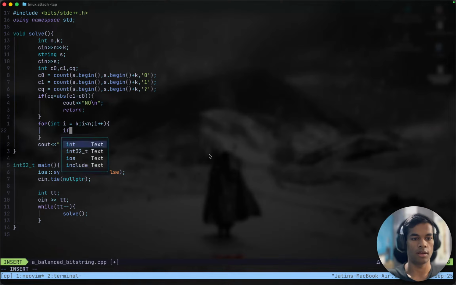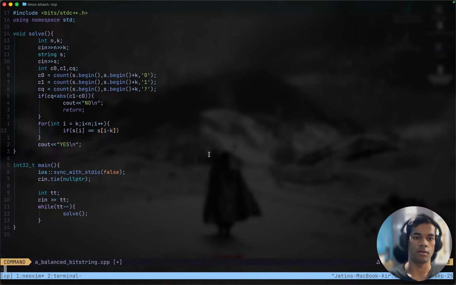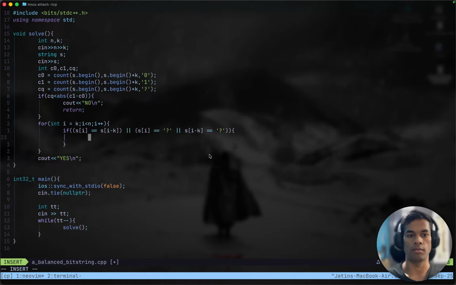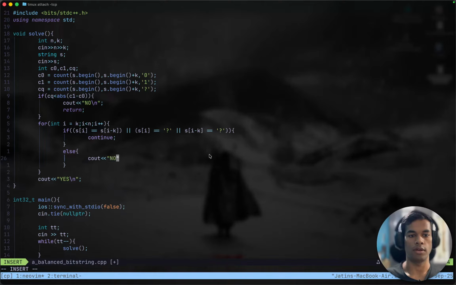And then subsequently, if si equals si minus k, or si equals question mark, or si minus k equals question mark, then it is okay. Else, no.